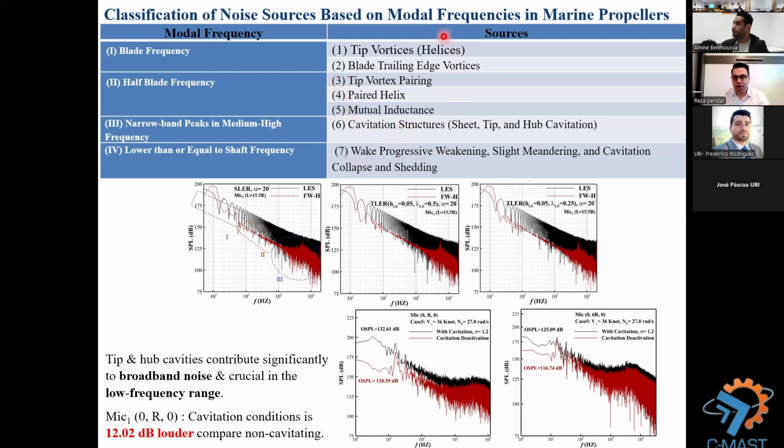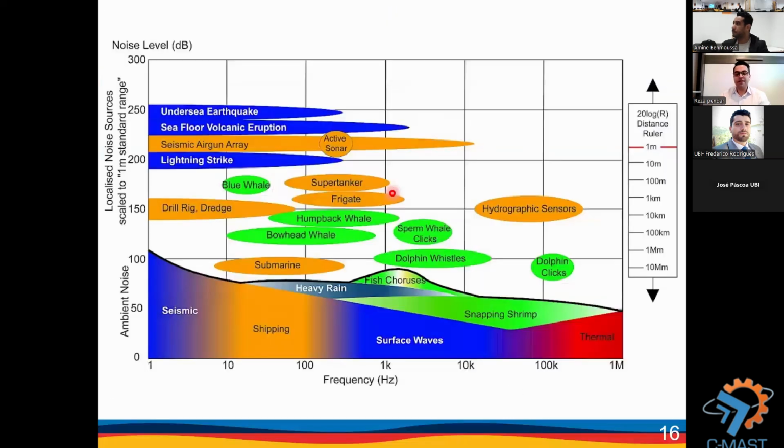Because by analyzing the frequencies generated by the propulsion system of marine vessels, we can compare them with the noise levels marine mammals use in their activities. For example, here you can see the frequency range dolphins use in their activities, and the humpback whales here in the Vancouver Island region.